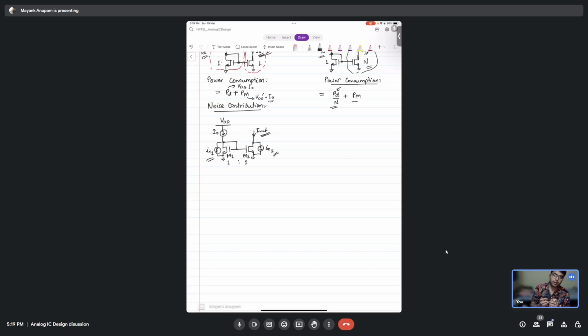Earlier we were calculating output voltage, right? But now we are calculating only output current. Is that clear? And to find out the output current contribution, an easy way to do it is to simply short the output, and then find out how much current is flowing here.